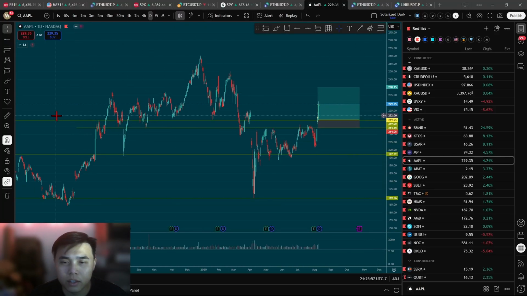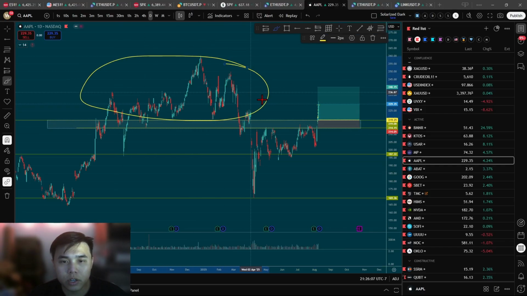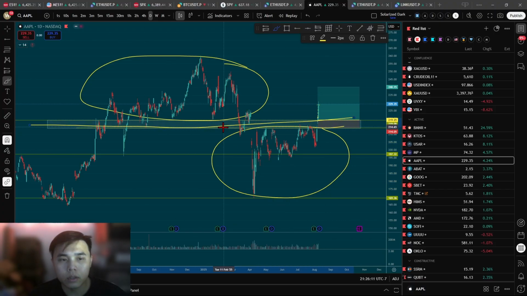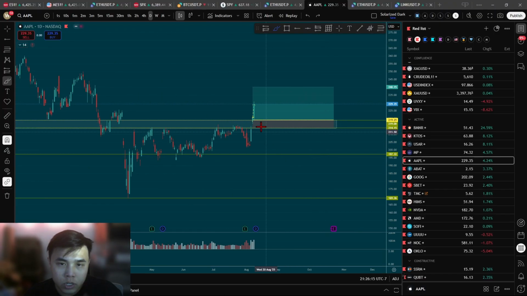Holy fuck. But you can still identify there's a zone here, right? There's a zone where there's clusters of price action here and clusters of price action here, and it's split down the middle, right? So you can use that to your advantage and take a breakout of that zone.